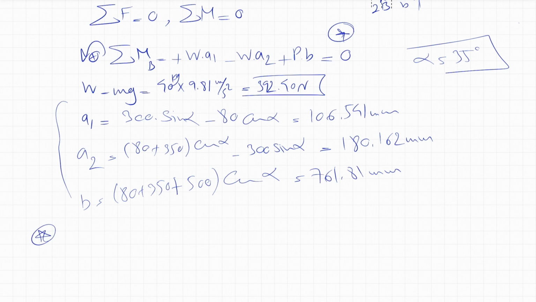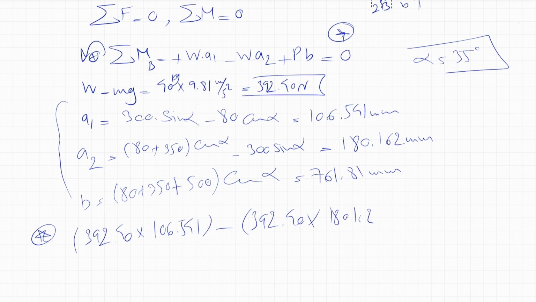If we put the amounts that we found in the moment equation, which I'm showing with the star, we have W, which is 392.40, times A1, which is 106.541, minus, again, W 392.40 times A2, which is 180.162.